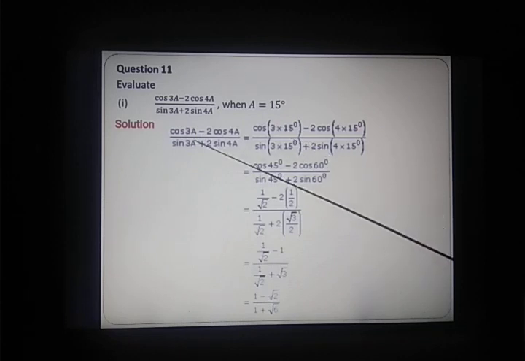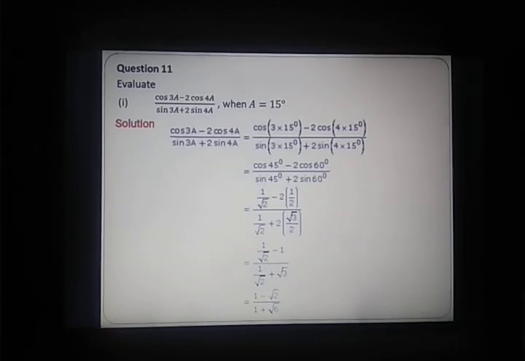So instead of this A I've written 15 degree. Similarly, all these A's have been replaced by 15 degree, and just multiply. So 3 into 15 is 45, 4 into 15 is 60, and similarly 4 into 15 is 60. So after multiplying, we see that all these angles are standard angles.